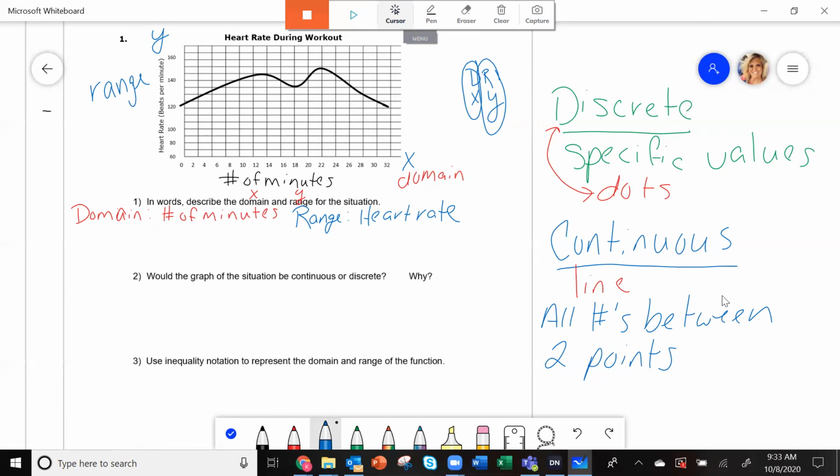It doesn't just jump up and down automatically. Your heart rate has to gradually increase. It doesn't just go from one number to the next. It may seem like it sometimes, especially if you get scared at a haunted house and it feels like you're going to have a heart attack, but it gradually increases or gradually decreases. So we're going to say here it is continuous.